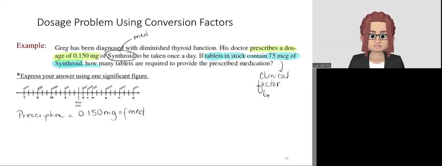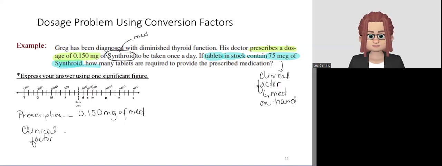And as I just mentioned, this is the medicine on hand. Let's just write it down. Our clinical factor is that in one tablet, we have 75 micrograms of the medication.